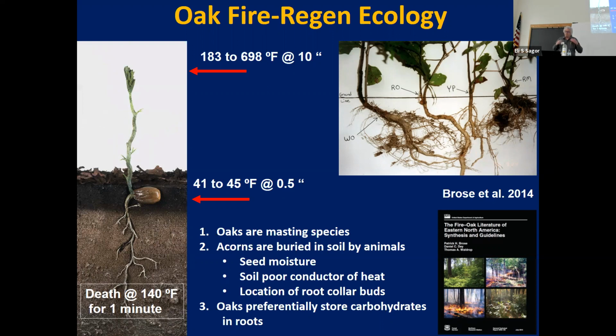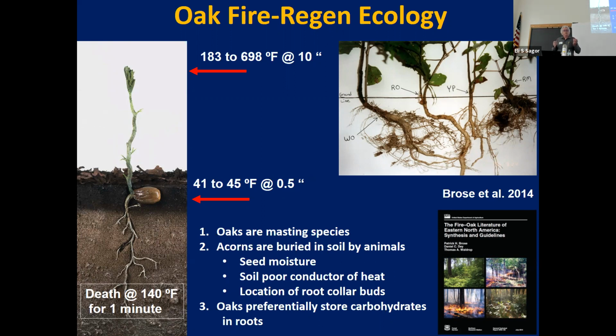And that point where the shoot and the root come out of the acorn, as that seedling develops, it leaves a little scar there. And if you look at it, we call that the root collar. At that point, there's a lot of dormant buds that, if they're in the soil, are protected from the fire. And so if the fire kills the stem, the above ground portion, those buds survive and they're able to resprout again.